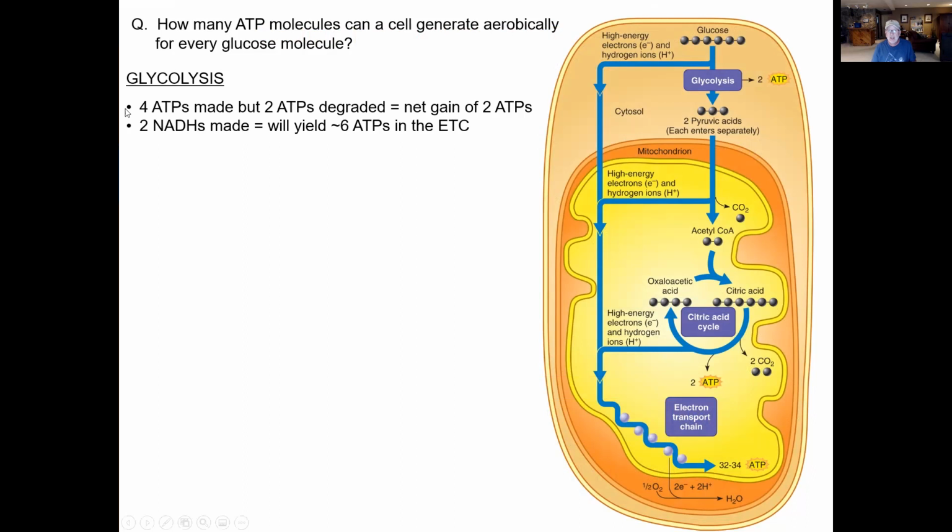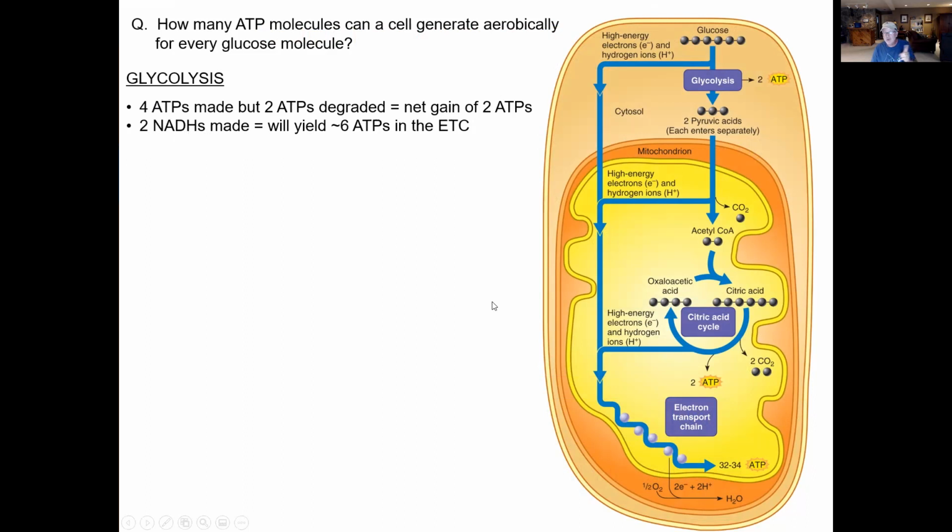The cell made 4 ATPs, but degraded 2 early on, resulting in a net gain of 2 ATP molecules. So we were starting off with 2. We're going to be making a heck of a lot more very shortly. Remember, we also generated 2 NADHs in glycolysis.